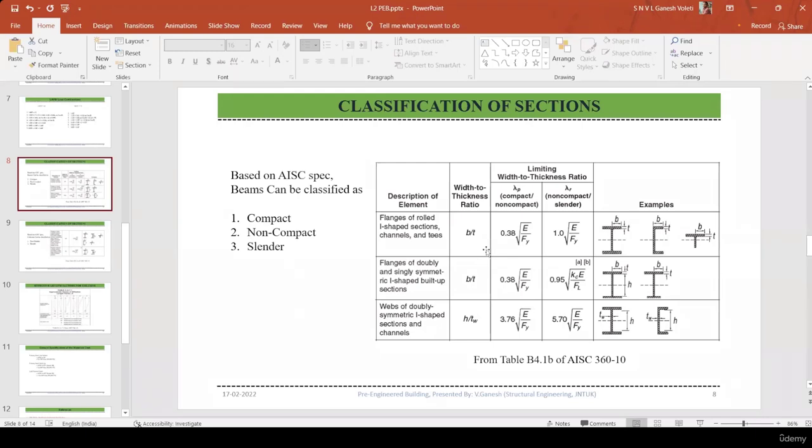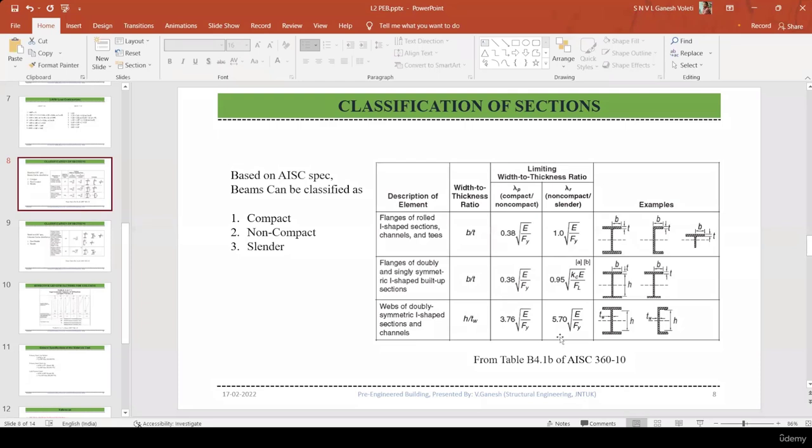One thing I have to tell you: generally for flanges and webs, for example if we are checking for a compact section, suppose the flange is compact but the web is non-compact, we have to take the critical one. The section can be called non-compact only.